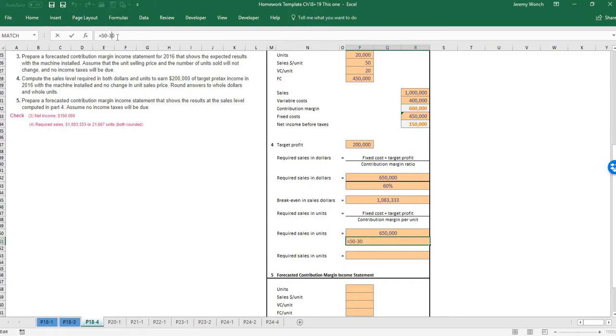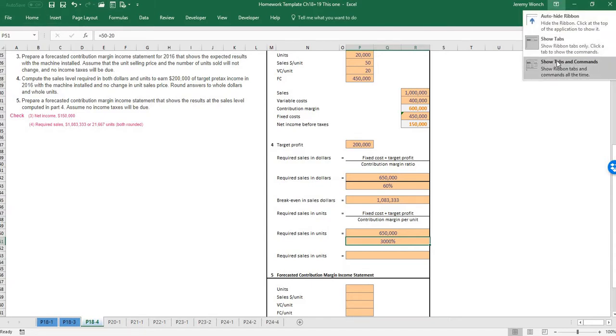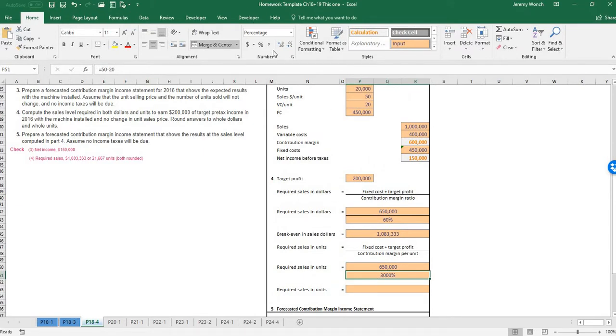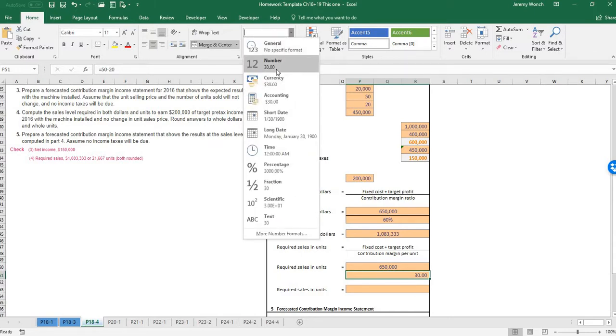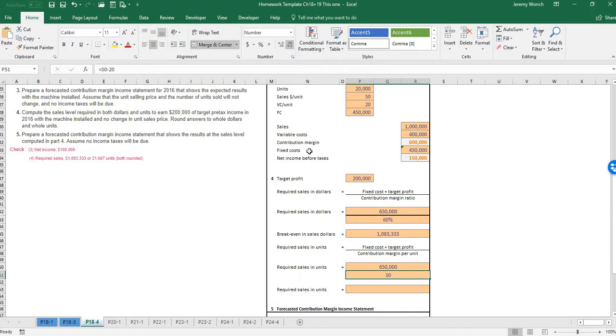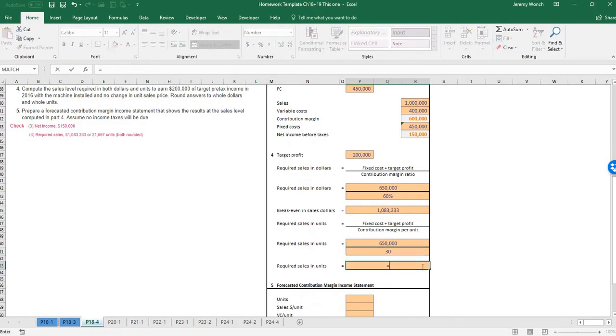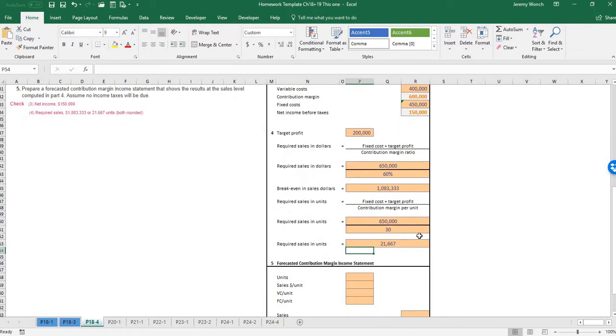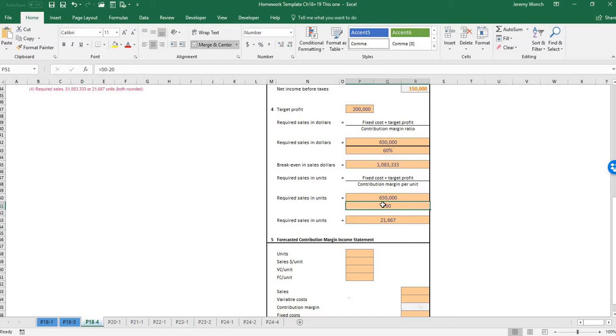So sales minus variable cost. Our contribution margin per unit is 30, divided into our fixed cost plus our target.